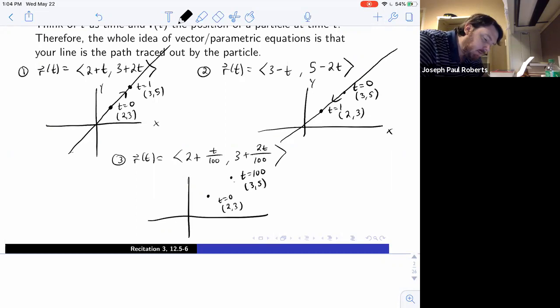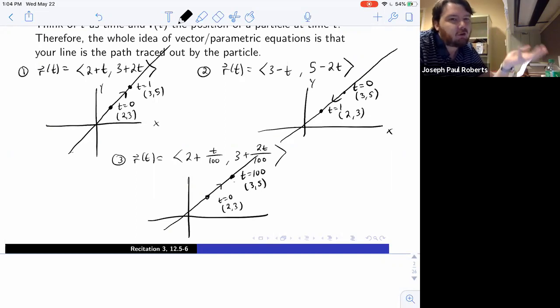So this particle is tracing out that line at the same starting point and in the same direction as equation 1, but it's going a lot slower. It takes 1 second for the first particle to go between those 2 points, and it takes 100 seconds for this third particle to go between those 2 points.